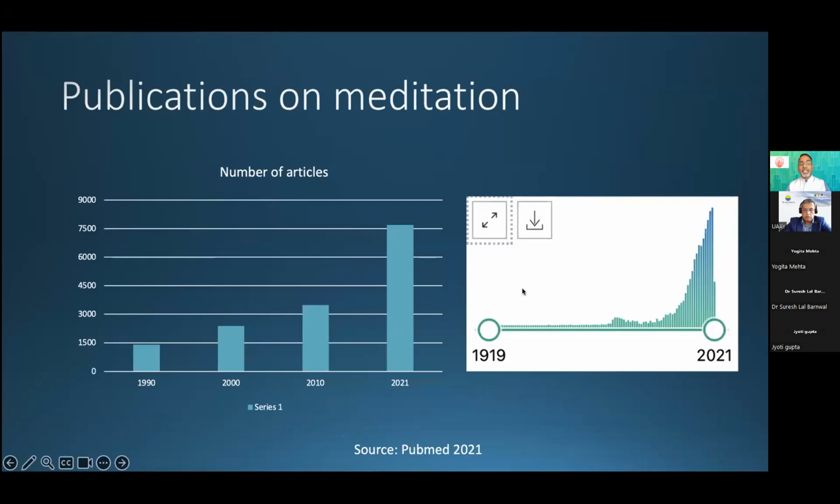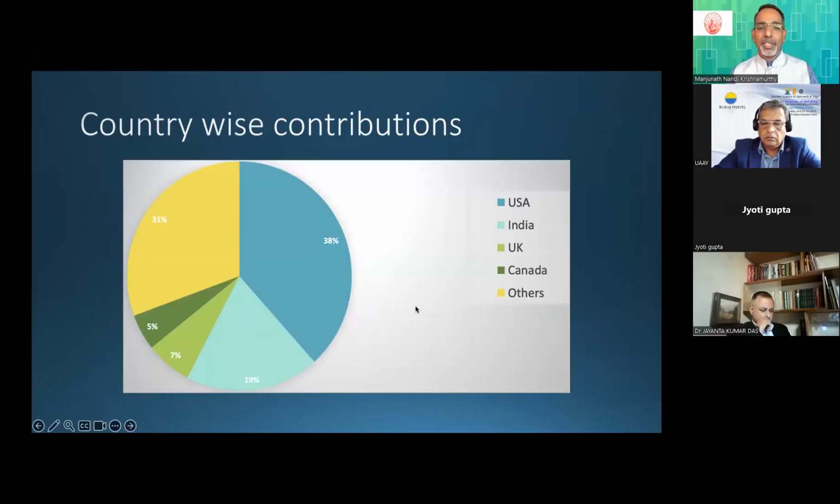This shows how interest in meditation research has increased from the 1990s to 2022. The last one to two decades have been an amazing time, with an excellent amount of research work done on meditation.